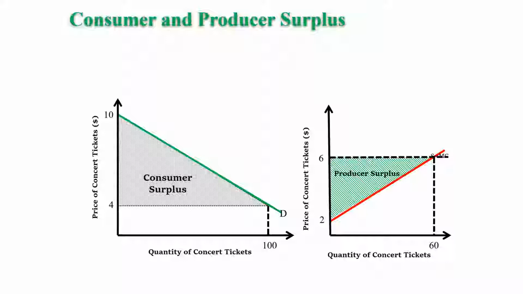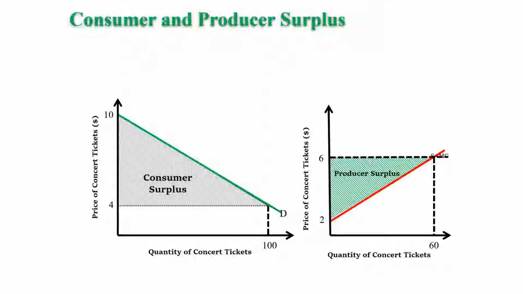And the base there is the difference between 60 and 0, which is just 60. So we have half times 4 times 60, which is 120. So the producer surplus there is 120, because half times 4 is 2, and 2 times 60 is 120.